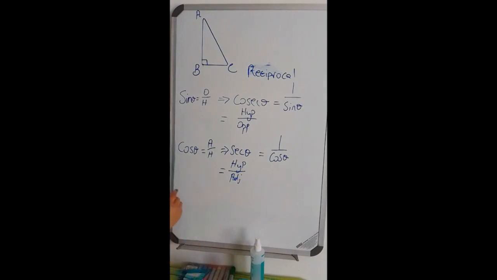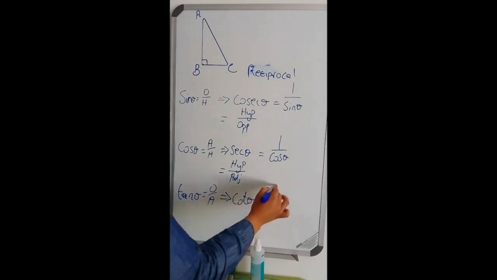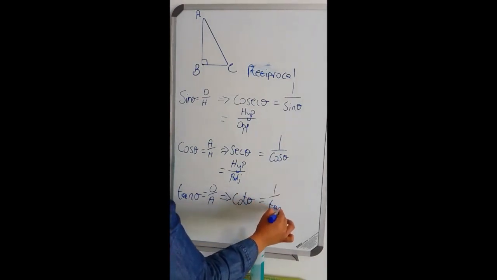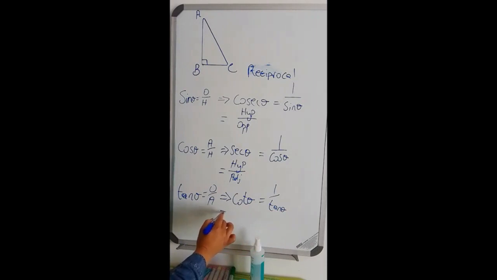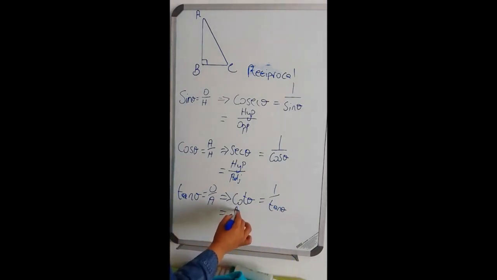And the last ratio that we know is the tangent of theta, which we know to be the opposite side over the adjacent side. So the reciprocal ratio of this is called cot of theta, which is 1 over tangent theta. So what are the sides? The sides will then be the adjacent side over the opposite side.